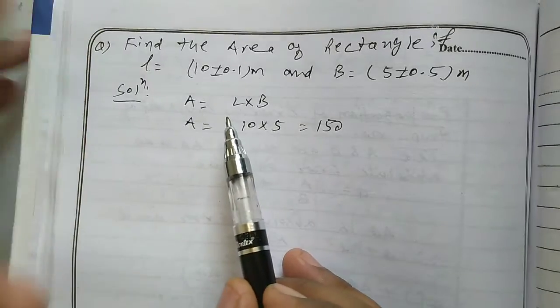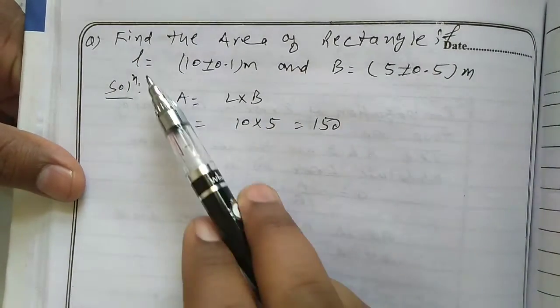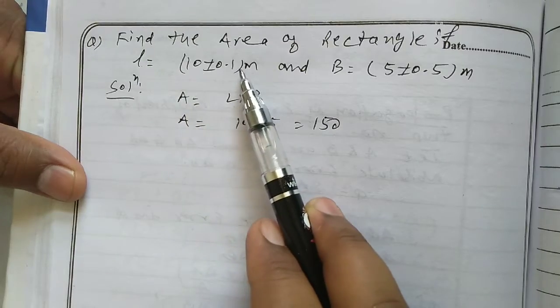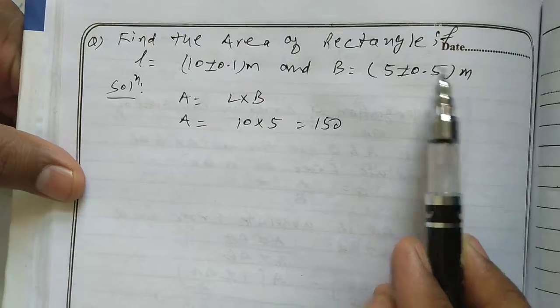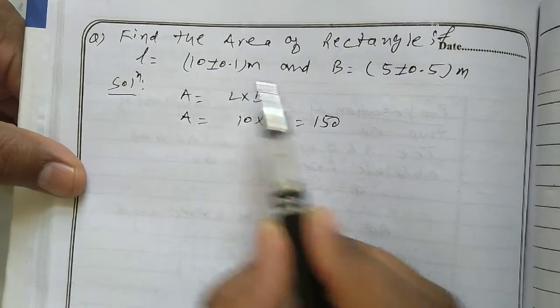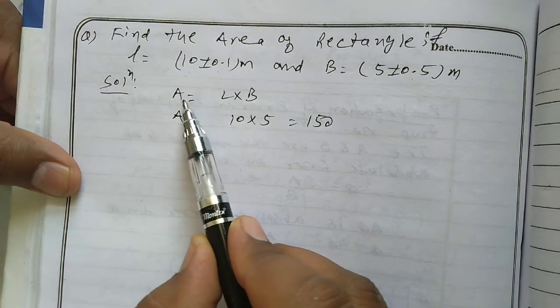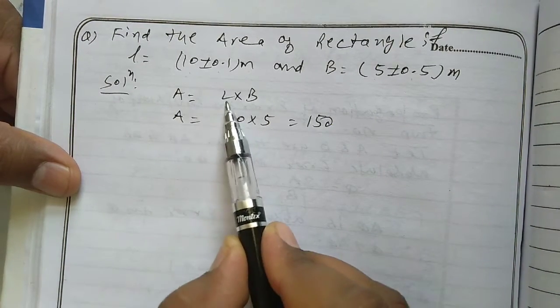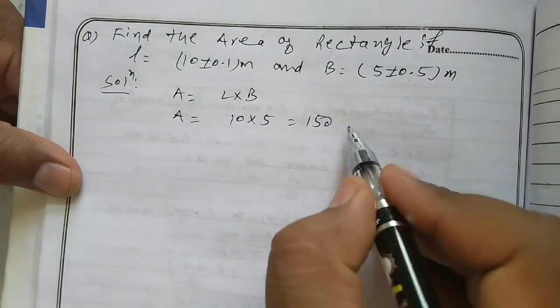Now the next question is: find the area of a rectangle if length is 10 plus minus 0.1 meter and breadth is 5 plus minus 0.5 meter. Now this is L, this is delta L, this is B, this is delta B. First of all we have to find the area. This is length into breadth, 10 into 15, this is 150 meter square.